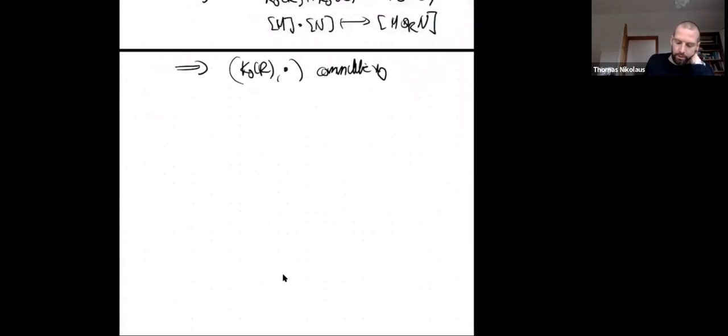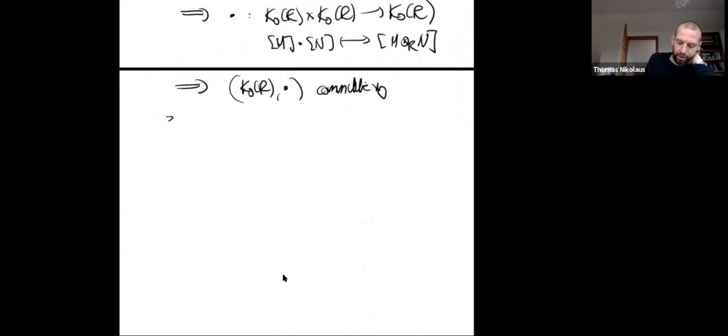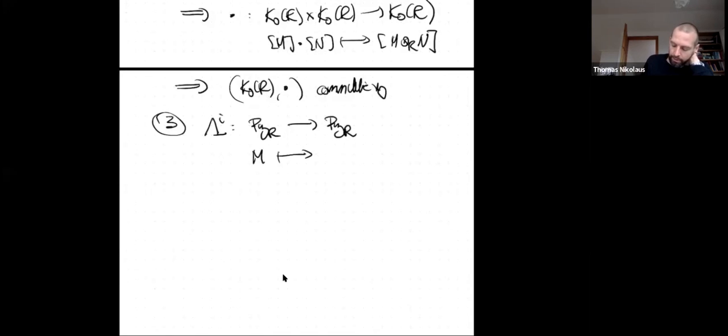But what I want to say now is the third piece of structure you get for K-theory of commutative rings, and these are lambda operations. So I do have another functor, which is lambda i, the exterior power functor. This takes a projective module M to the i-th exterior power of M, which is just a quotient.